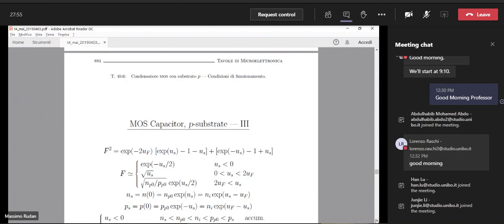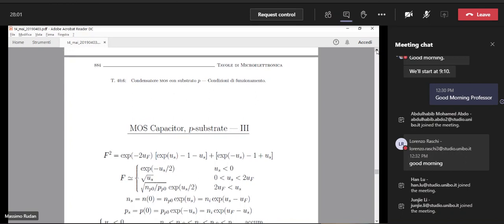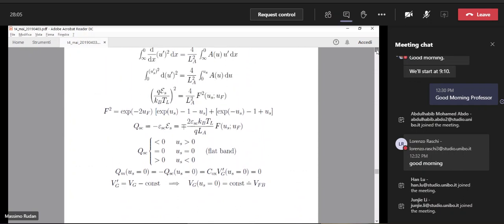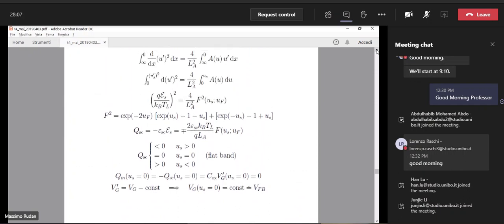And we found out that the charge per unit area of the semiconductor, QSC, is proportional to F. So what is the coefficient?